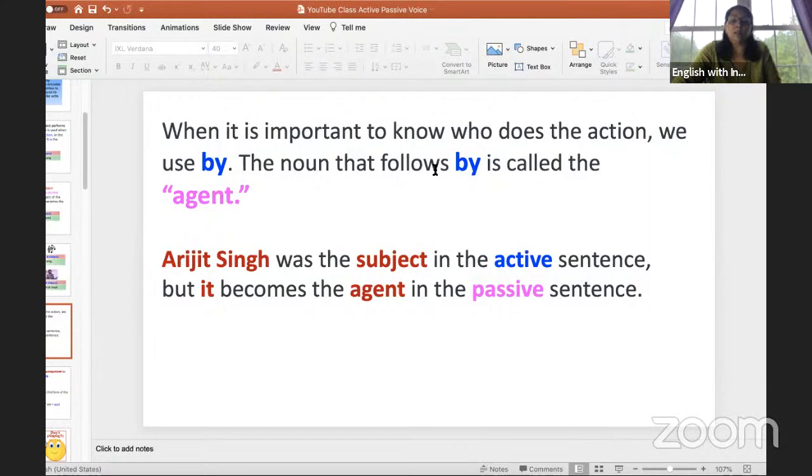The noun that follows by is called the agent. Agent, okay? So you say it, the word is agent. Arijit Singh was the subject in the active sentence, but it becomes the agent in the passive sentence.